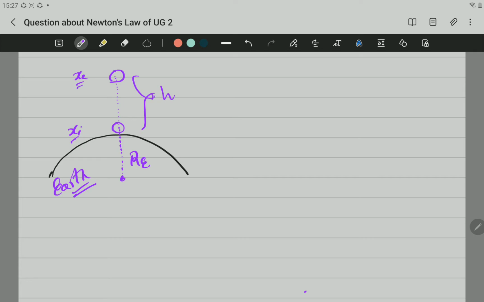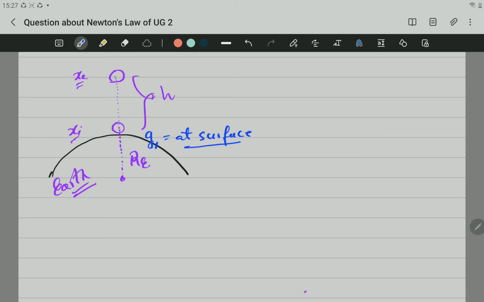Now, what do we know here? We know that the satellite will have a certain acceleration here at the surface of the Earth. I'm going to call it G1. This is at the surface. And we are not going to write 9,8 because we don't know if it's 9,8. They didn't say that we have to use 9,8.